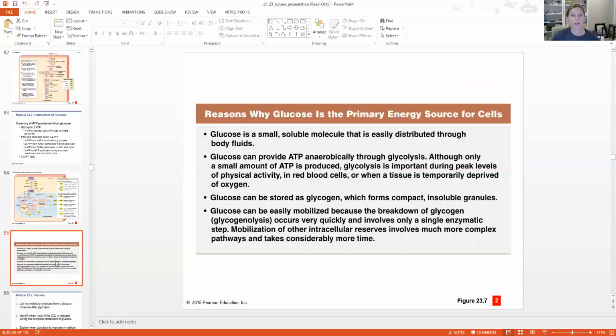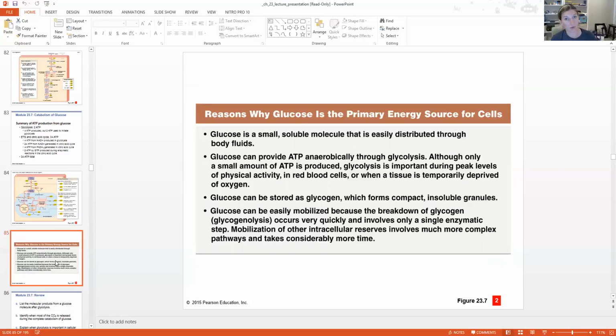Here are some reasons why glucose is the primary energy source in our cells. As we said, it's very small, it's quickly soluble, easily distributed through our body systems. It can provide quick ATP just from glycolysis itself, so oxygen does not have to be present, although only a small amount of ATP is produced. Glycolysis is very important during peak levels of activity or exertion, especially in our red blood cells, or when tissue is deprived of oxygen.